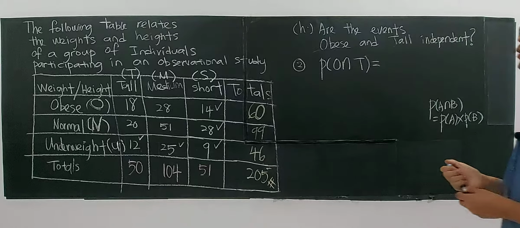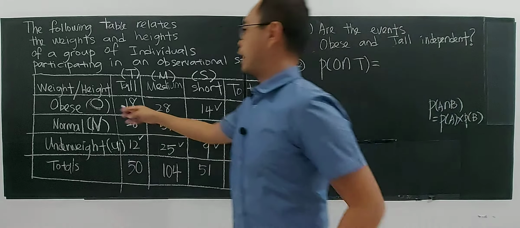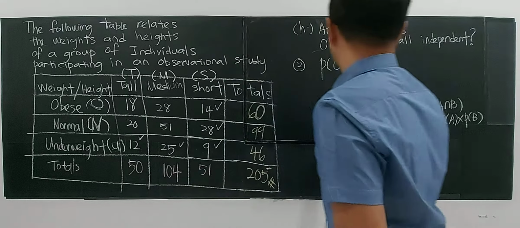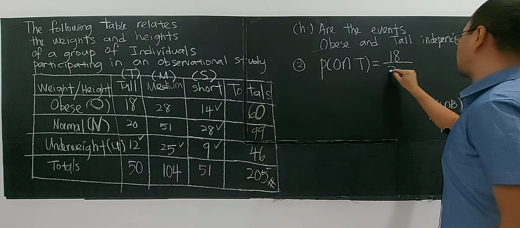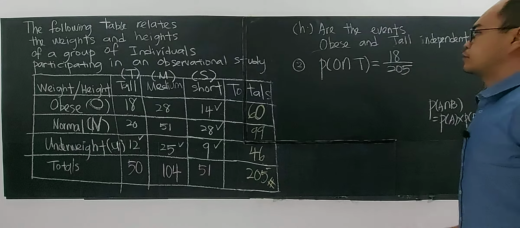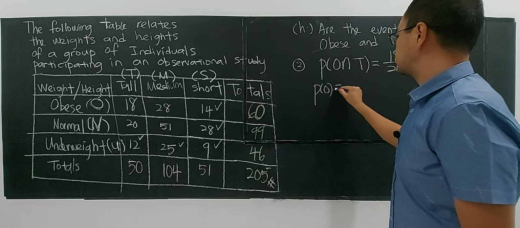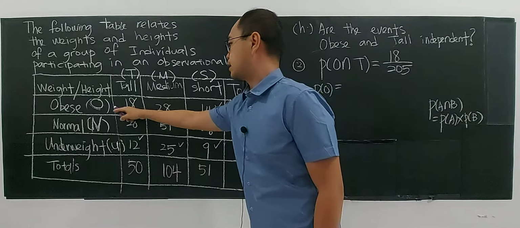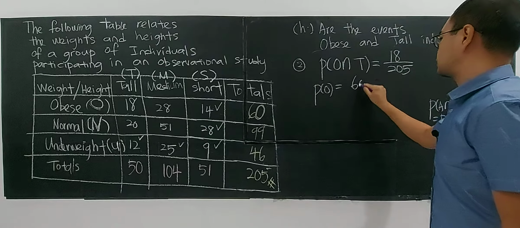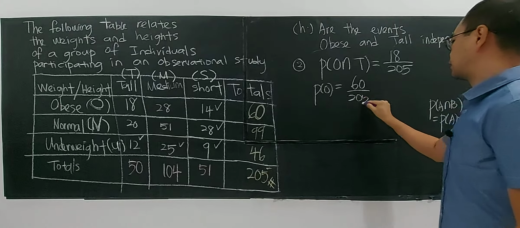Obese and tall, we have 18 of them, 18 out of 205. The probability of obese is 60 out of 205.